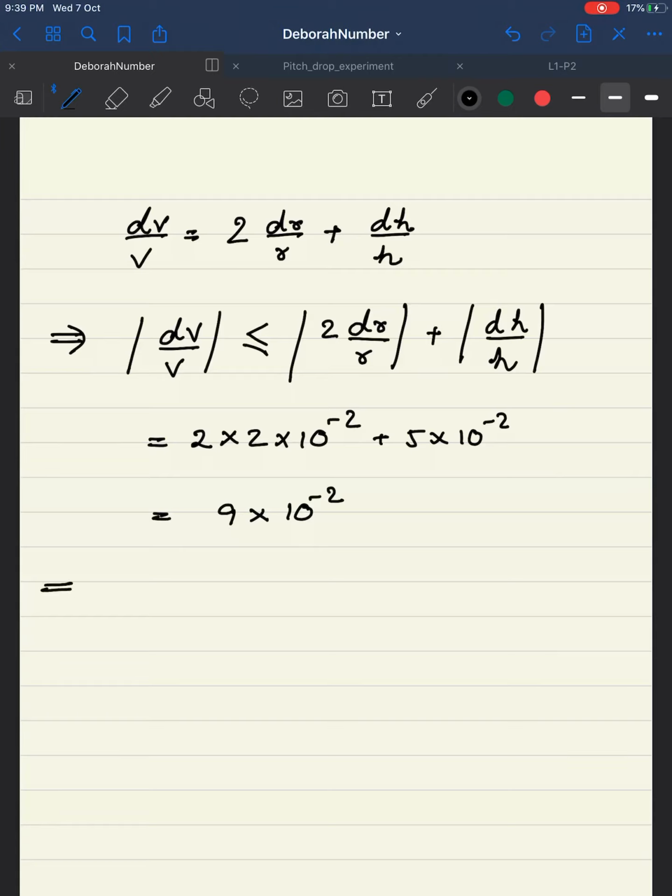So the resultant uncertainty in V is less than 9%.